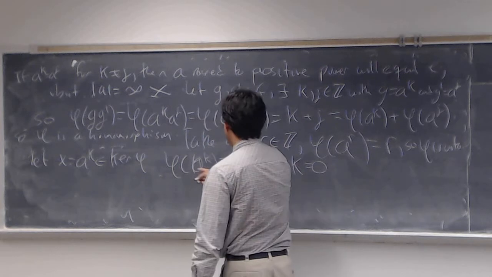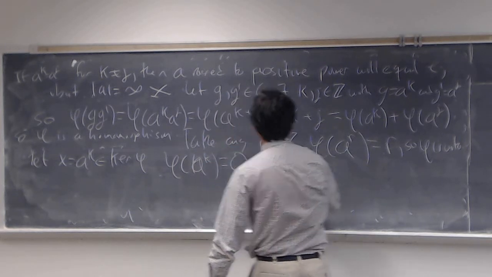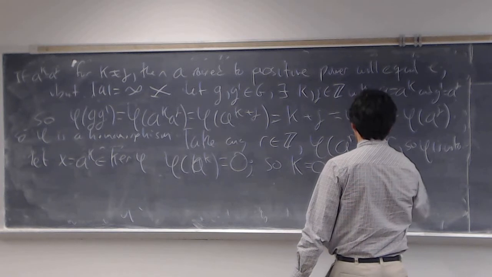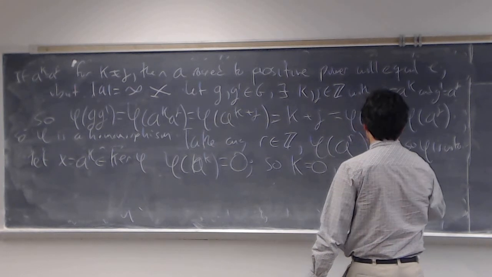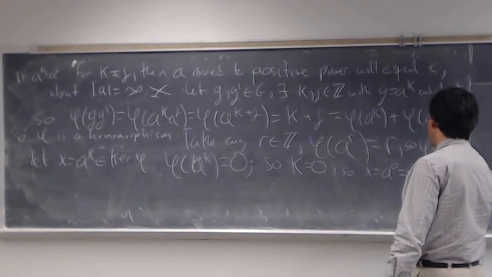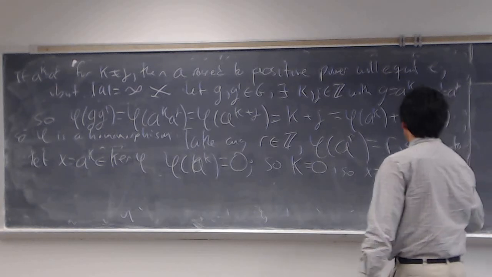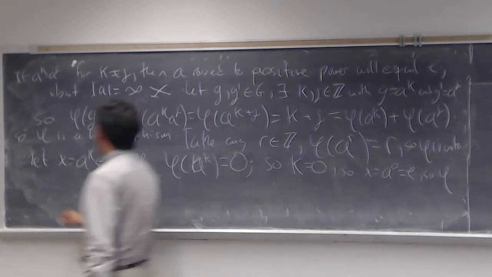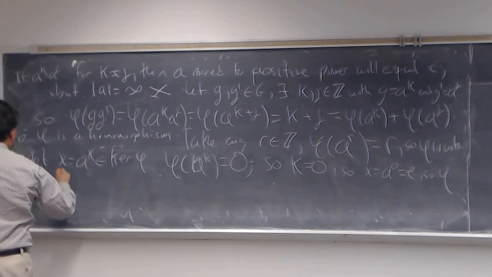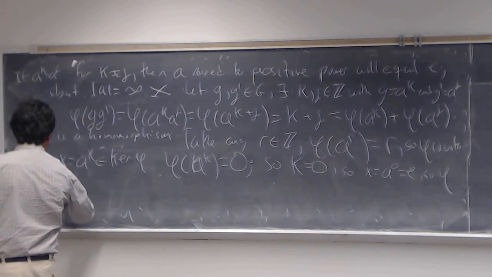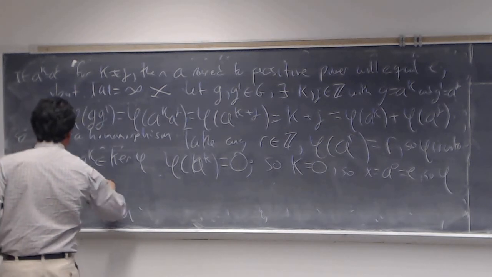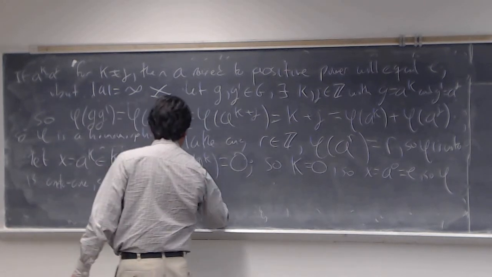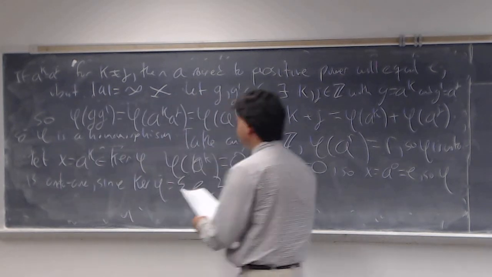Phi of A to the K is equal to K. So X, which is A to the K, is really A to the 0, which is the identity. So we've seen that phi is 1-to-1, since the kernel of phi consists only of the identity.